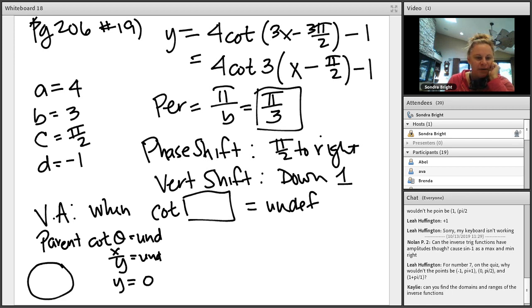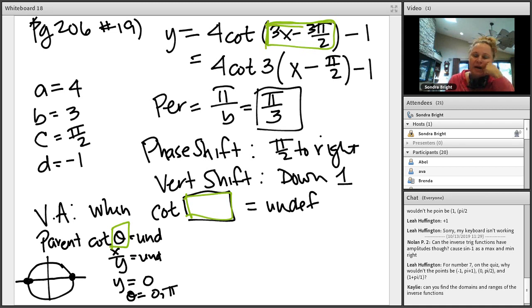And y is 0 here when theta is 0 and pi, and 2 pi, and 3 pi, right? So when theta is 0 or pi, those are the two I'll say. The only difference though is that you don't just have theta. Your angle this time, this little guy right here, we call it the argument, or the angle, right?